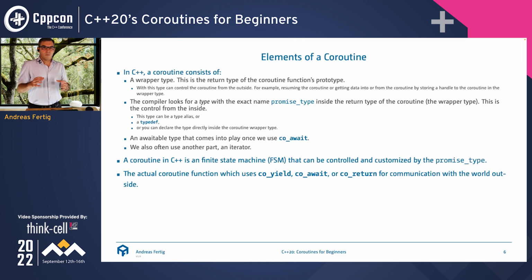So the key behind all this is that a coroutine in C++ is a finite state machine, which can be controlled and customized by the promise type. We have a lot of customization options, which makes these kinds of talks I'm doing now, and all my friends and colleagues do, so hard, because there's plenty of room for doing things differently and adjusting them to exactly your needs.